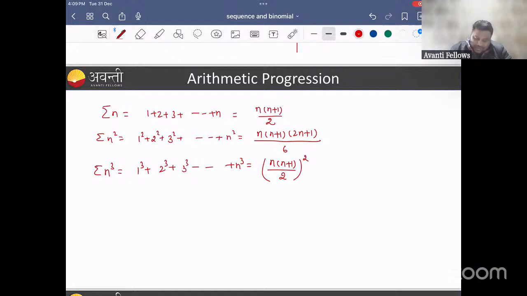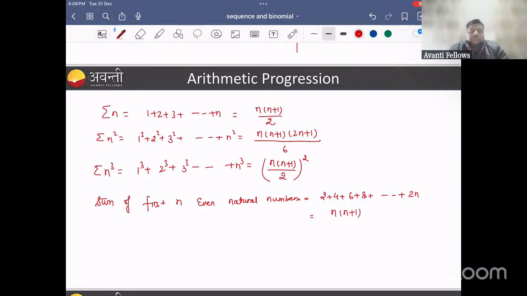Now there comes the sum of the first n even natural numbers, that is 2 plus 4 plus 6 plus 8 up to 2n. And this is equal to n into n plus 1.